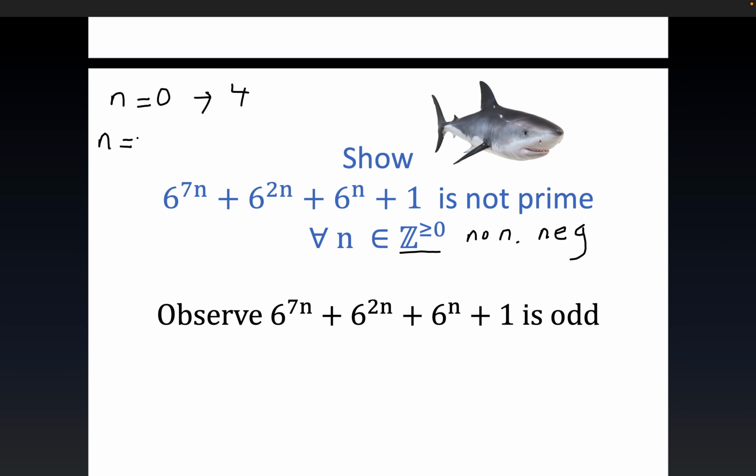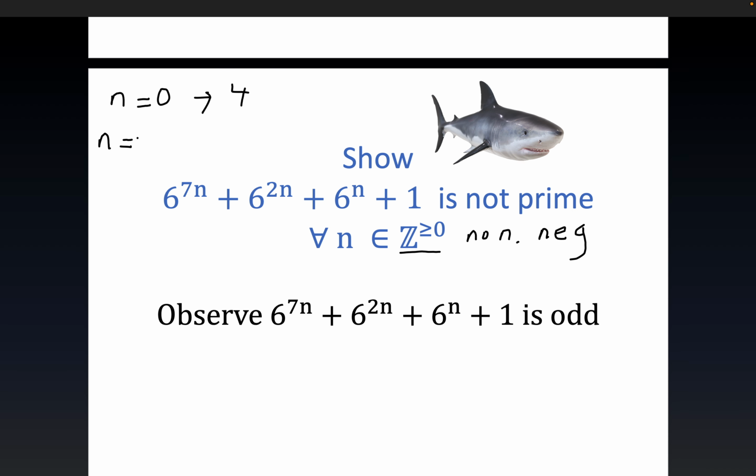Now, I believe this particular number, whatever it is, is divisible by 7, so it's not prime. I haven't shown you that, and I'm not going to. I don't want to take time. I want to show you the structure of this proof. But anyway, the numbers start getting too big once you get to n equals 2.